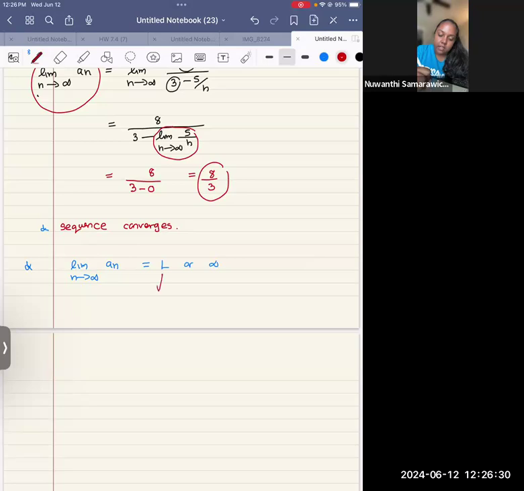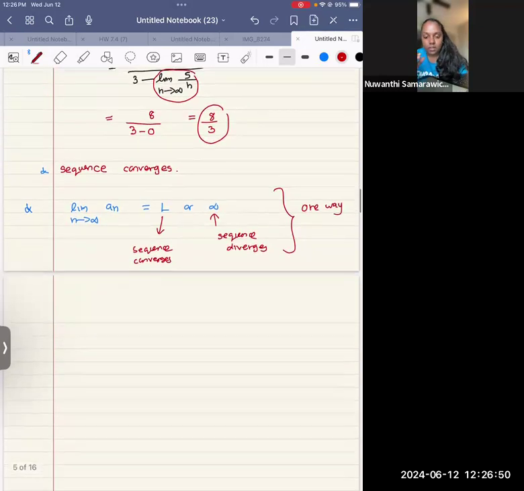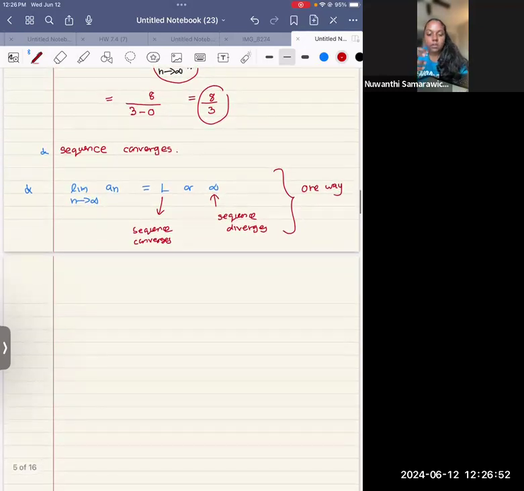If it is L, the sequence converges. If it is infinity, the sequence diverges. So this is one way of showing converges or diverges. Another way is you can draw the graph.